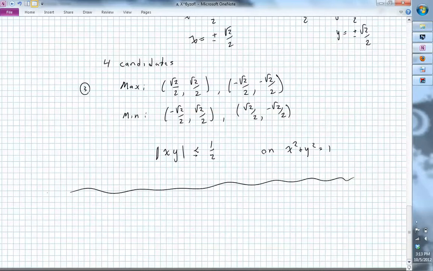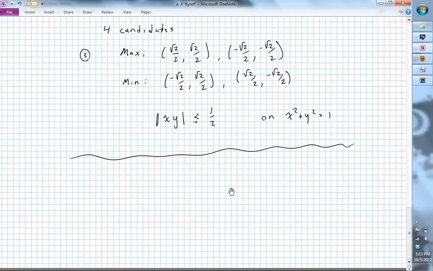Let's do another one. So here I was optimizing a function of 2 variables. I'd like to optimize a function of 3 variables, and it turns out that the same process applies.